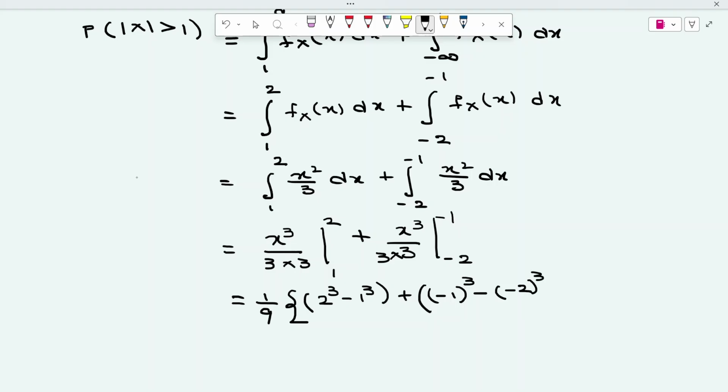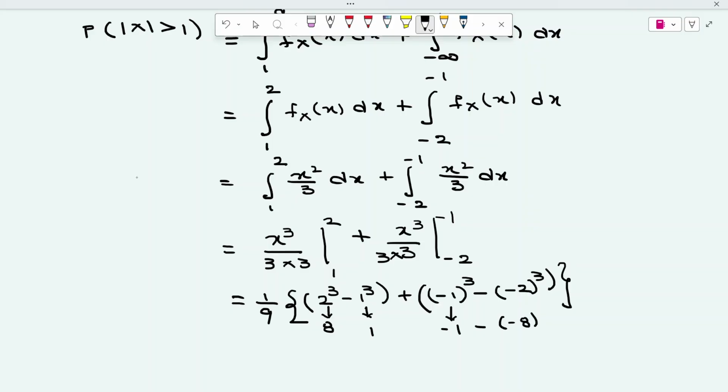So 2 cube is simply 8 and 1 cube is simply 1, and here minus 1 whole cube means minus 1, and minus 2 whole cube means minus 8.